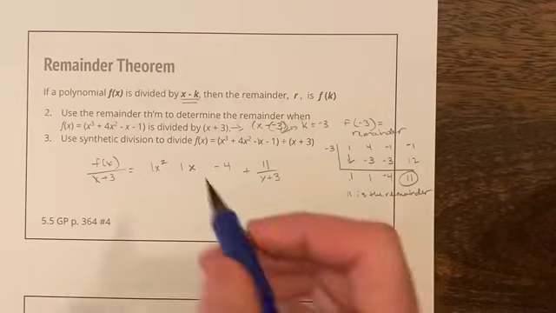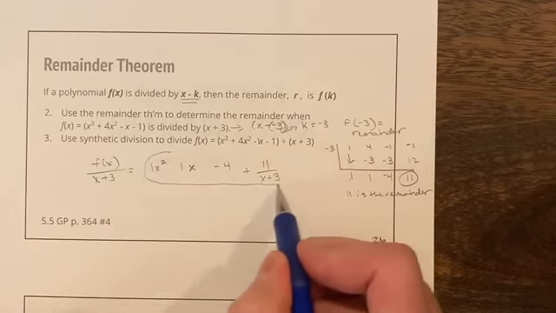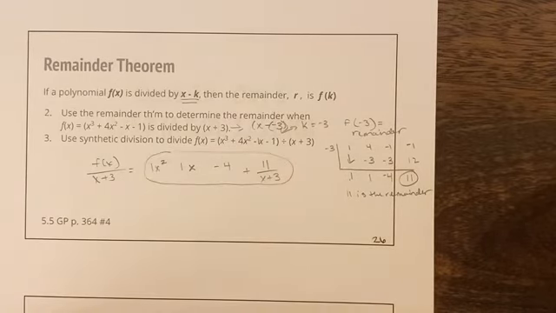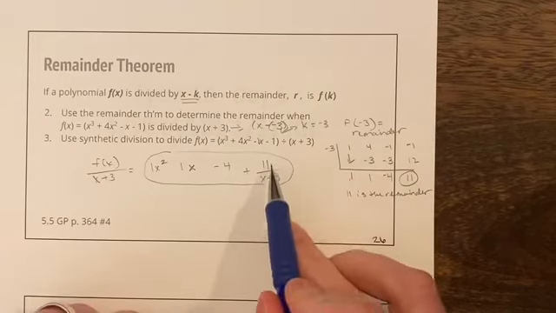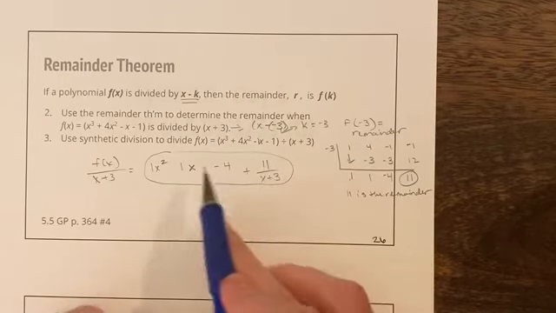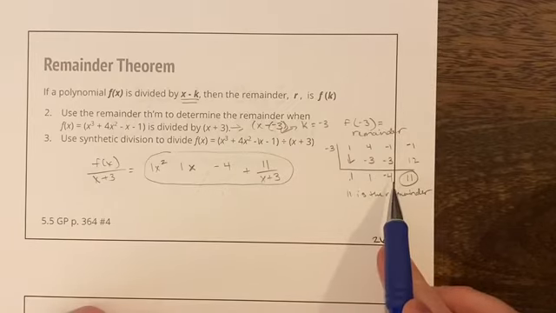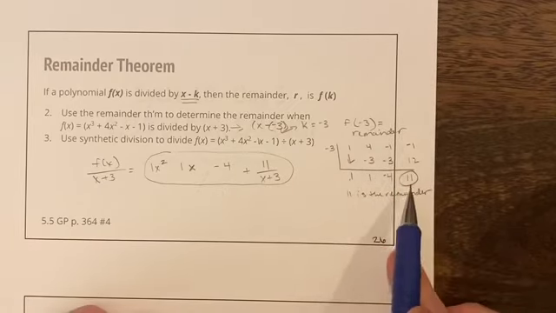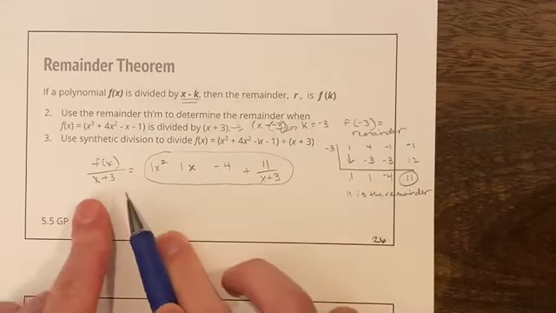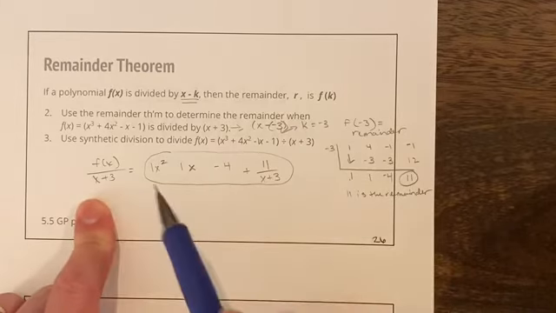And there's our answer. This is the answer to the division. It doesn't go in evenly, so there's a remainder, so it still needs to be divided by x plus 3. We got these coefficients from these numbers in the synthetic substitution process that we're used to, but now that we're using it to divide, we're calling this synthetic division.